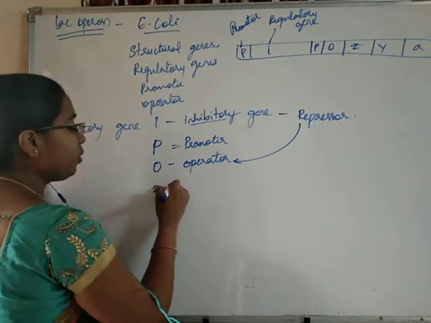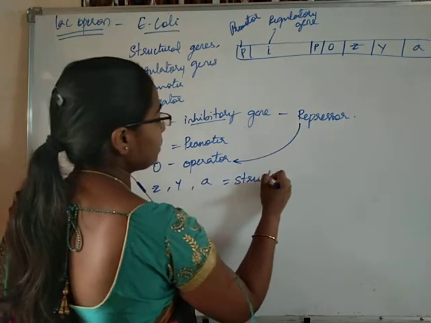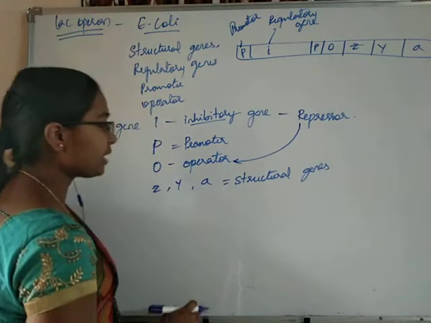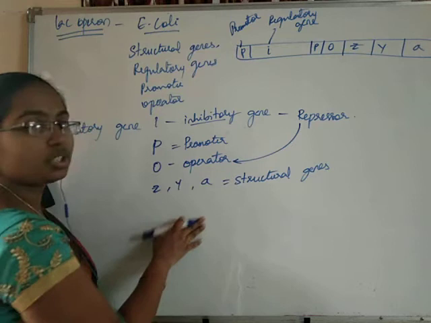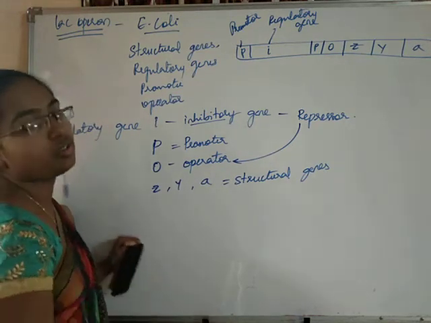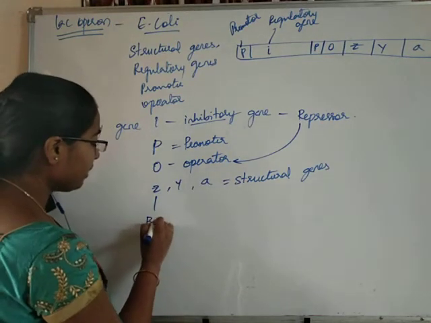Now, Z, Y, A, these are all the structural genes which produce different enzymes involved in digestion of lactose, utilization of lactose.